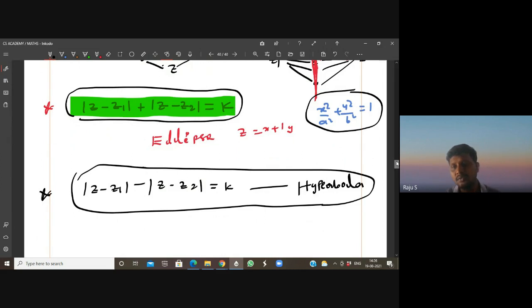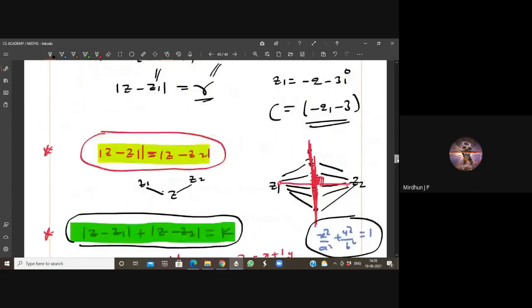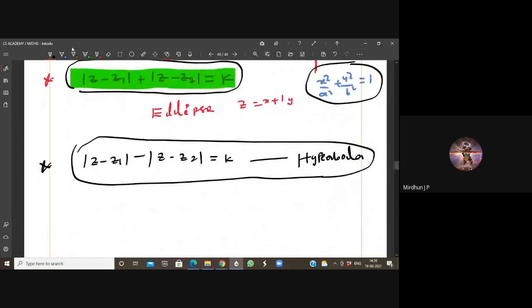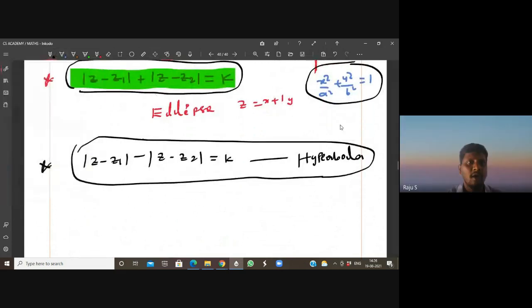Got it, students? And we cannot represent a parabola, sir, using complex numbers. Because for a parabola, one of the variables has a square and another is power 1. But when you take modulus z minus z1, both variables have squares. Am I right?